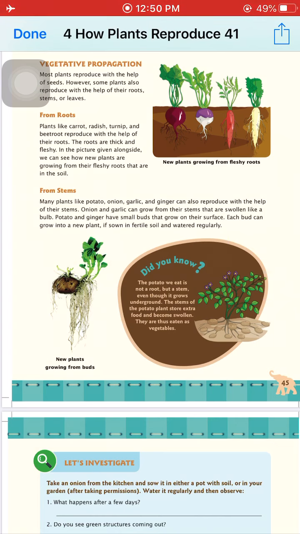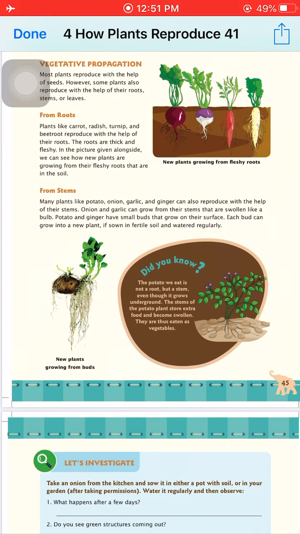Means if you take a potato on which small buds have grown, and put that potato inside fertile soil and give a proper amount of water and provide air and nutrients, it grows into a plant and gives you a lot of potatoes inside the soil.